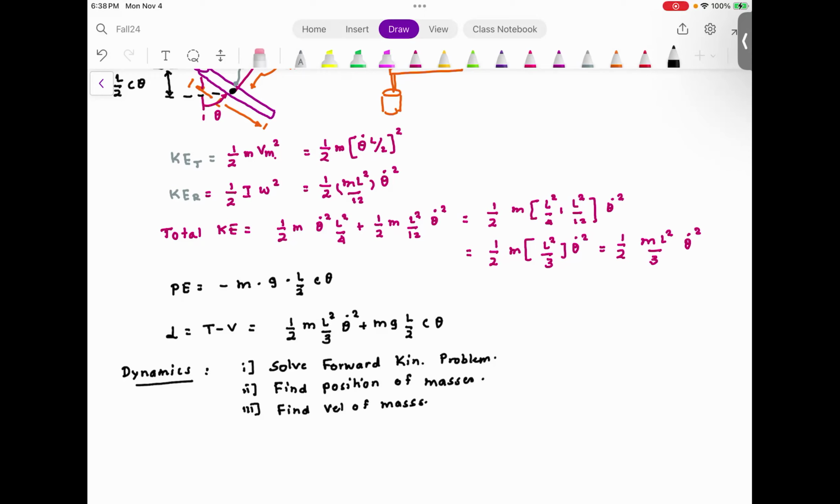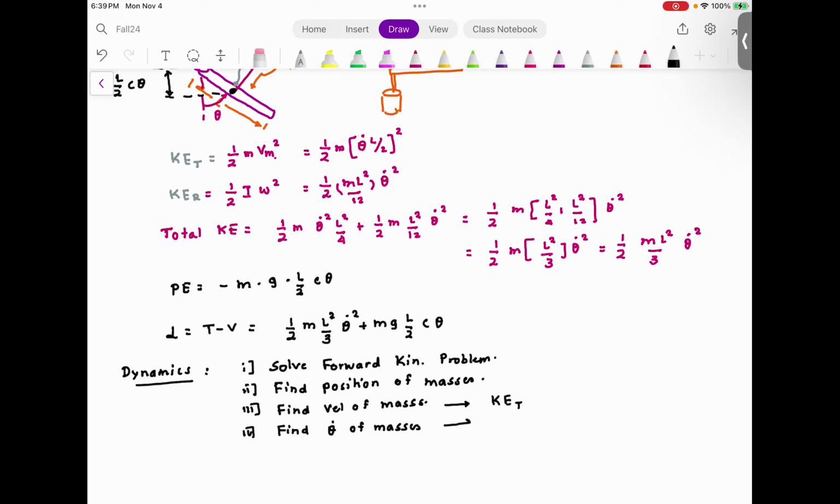Once you find the velocity of the masses, you can find out the kinetic energy of translation. KET stands for kinetic energy of translation. Then you can find out the angular velocity of the masses, so theta dot of masses.